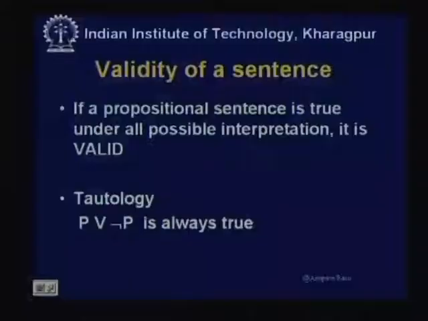If P is some statement from the world of cricket and not P is also computed in that particular domain, then of course P or not P, either of them will always be true, and hence this proposition will always be true. This is known as tautology, and tautology is a classical example of a valid sentence.